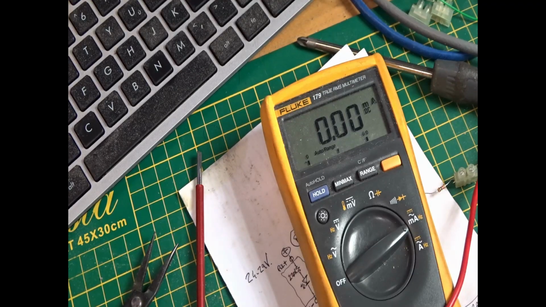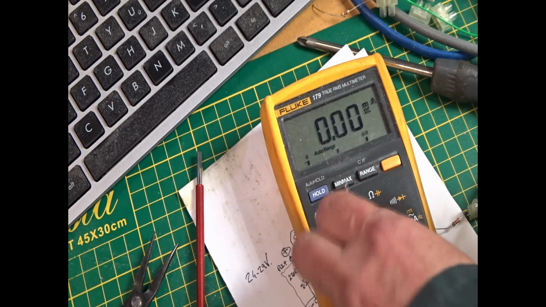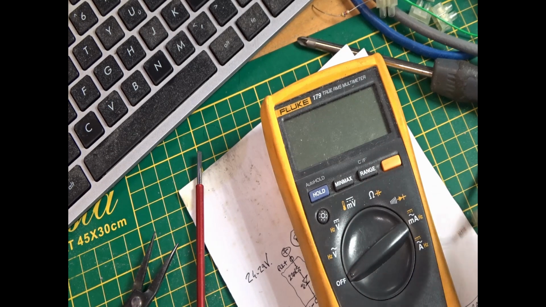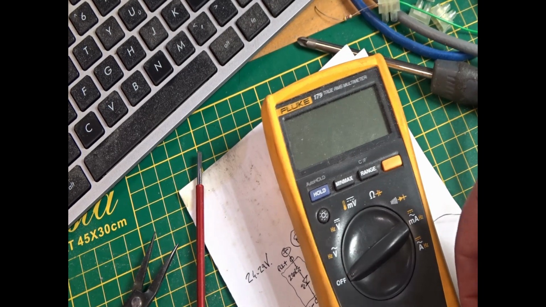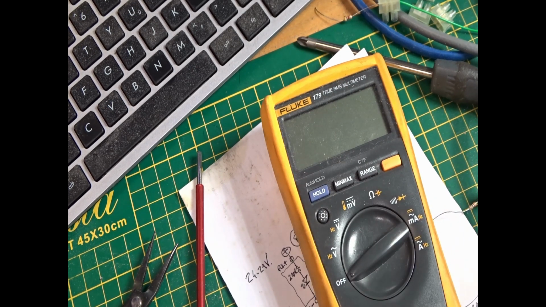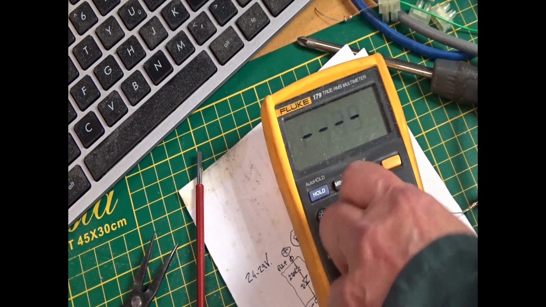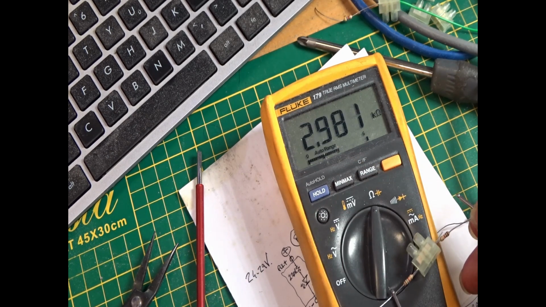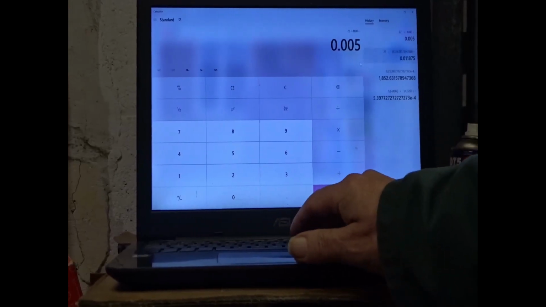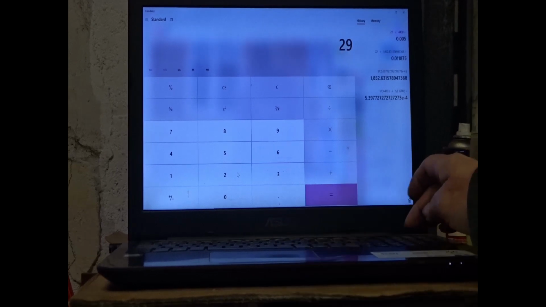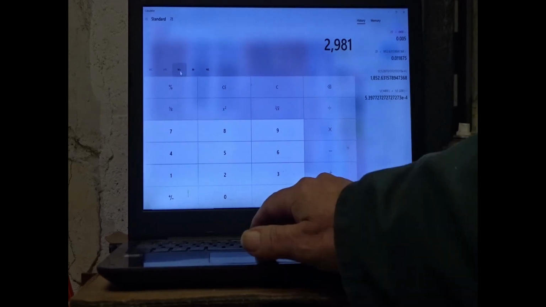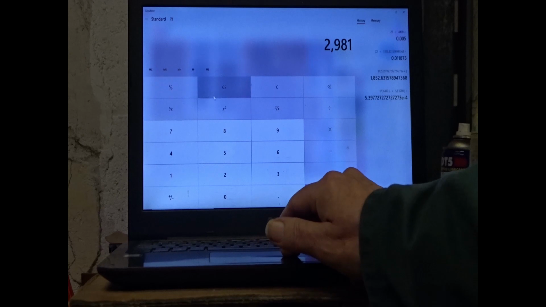So the thing won't work at the moment. Switch our lead back to normal for ohms. 2981 kilo ohms. 2K981. Let's shove that into memory just for the moment.